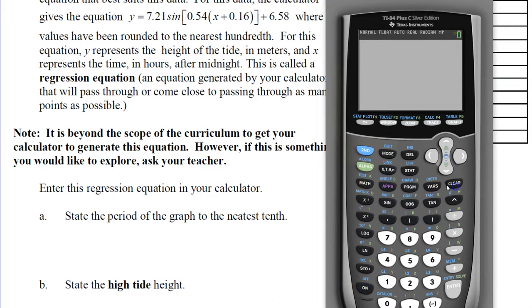So clear, let's go to y equals, and we'll clear everything out that's in there. So 7.21, sine of 0.54, bracket x plus 0.16, one more bracket to close that off, plus 6.58.